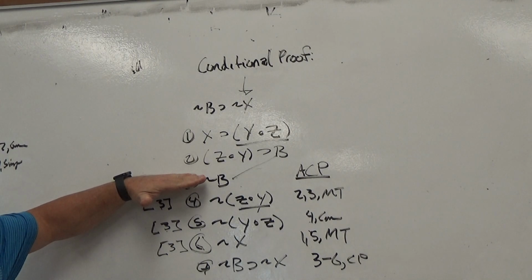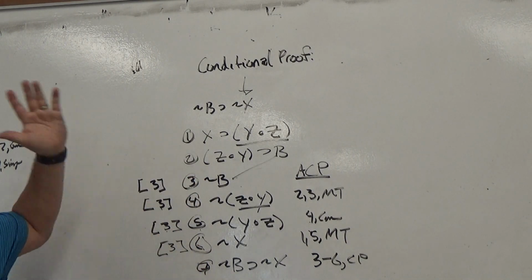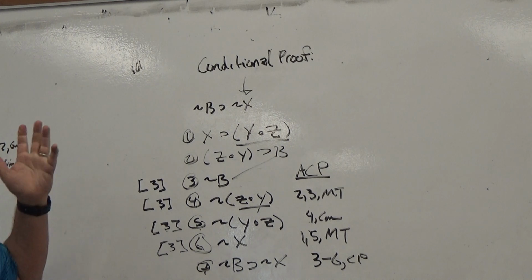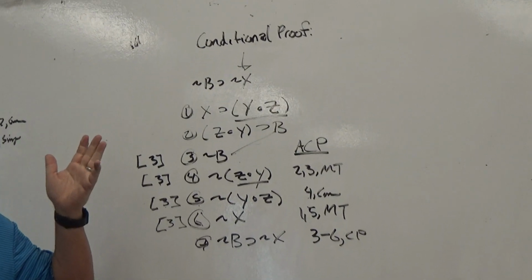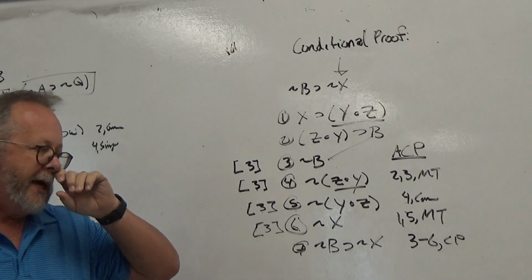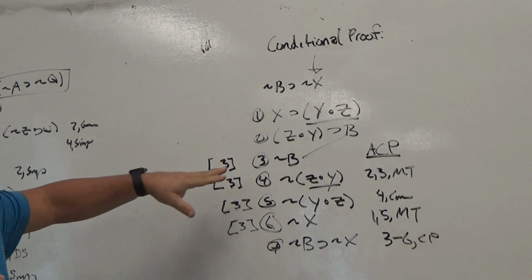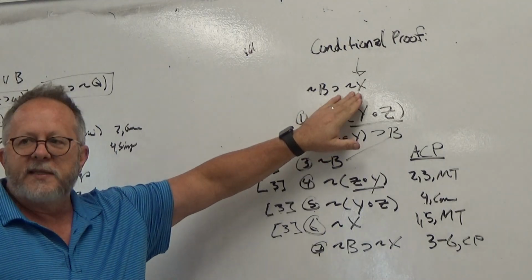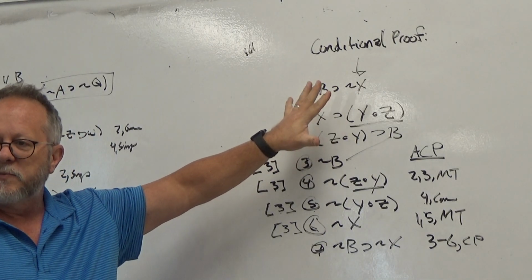Everybody understand that? And we're done. Okay, what's really nice about conditional proofs is that it almost gives you an extra premise to work with in some sense. Does everybody understand that? Okay, so I gave myself a not B, and then the goal was that, and then I could say the conditional must be true.